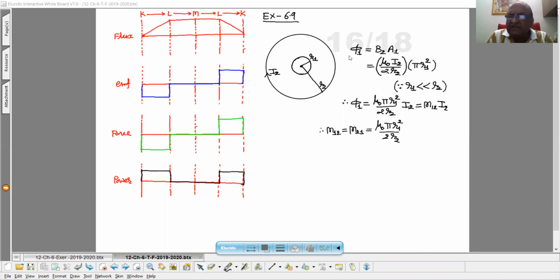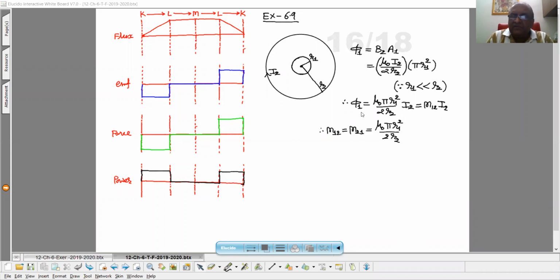B2 is the magnetic field produced by this outer current carrying ring, and that is mu 0 I upon 2R, so mu 0 I2 upon 2R2. And the area of the smaller ring placed at the center is pi R1 square. Here R1 is very much less than R2. If we take this condition, then and only then can we treat this field at the center as constant.